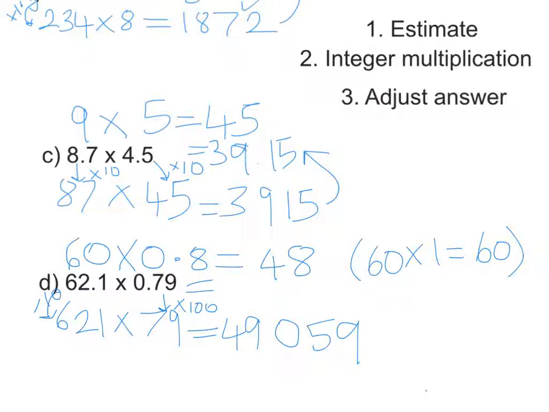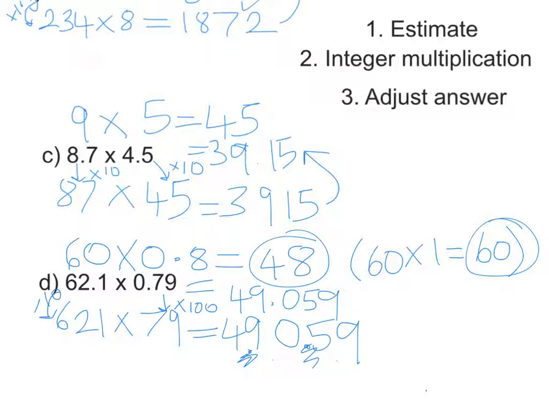So I need to divide by 10 and then by 100, which is 49.059, which is really close to 48 and pretty close actually to 60 as well. Definitely much closer than 490.59 would be, or 4.9059. So I know I've put my decimal place in the right position.